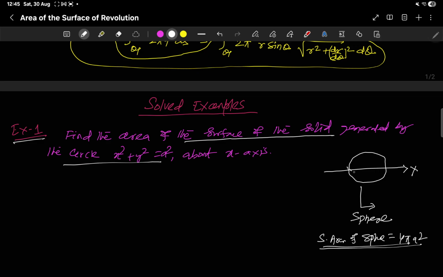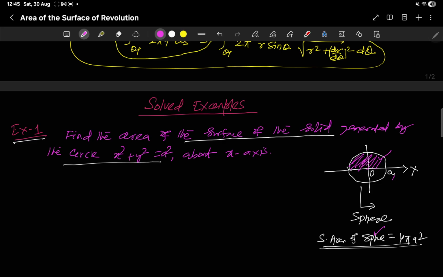The circle here has center 0 and radius a. Even if we have only half of the circle and rotate it, we will get the whole sphere. So this limit of integration depends upon the upper half of the circle.